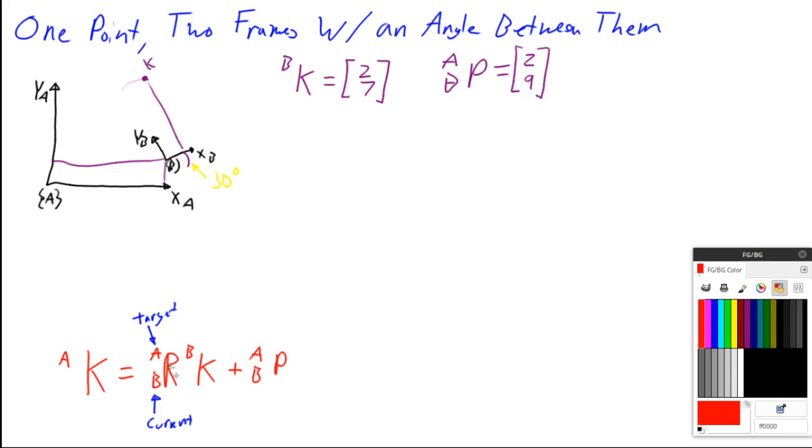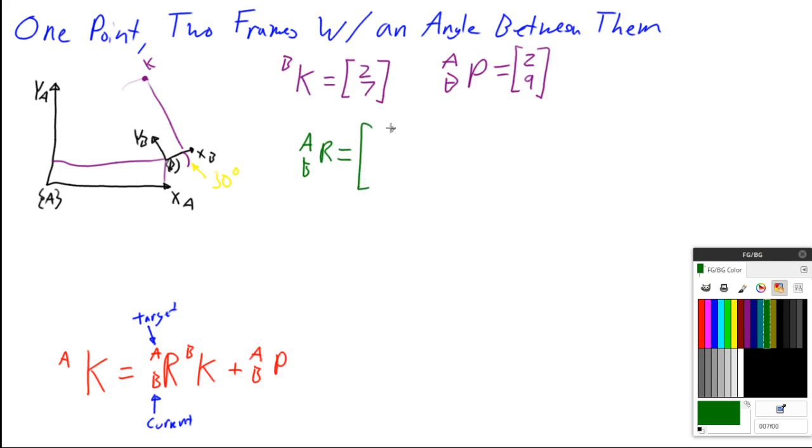All right. So what is this rotation matrix? Well, here, let me write down. This is just what I remember, right? There is definitely some math behind it, but we're just going to say that our rotation matrix looks like this.